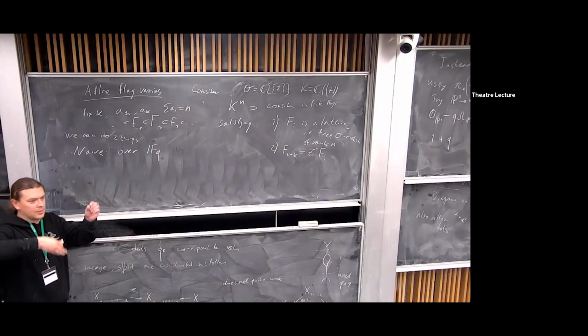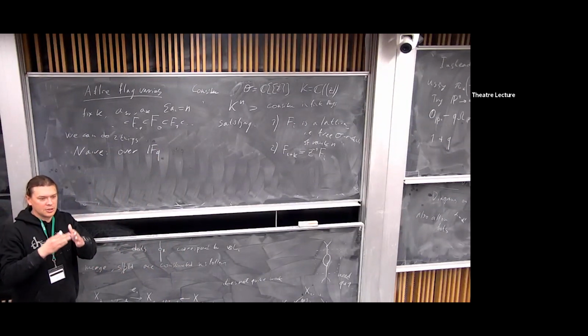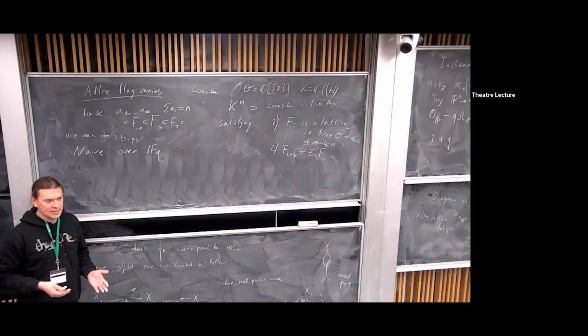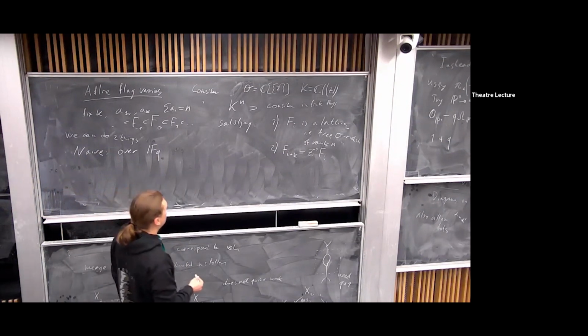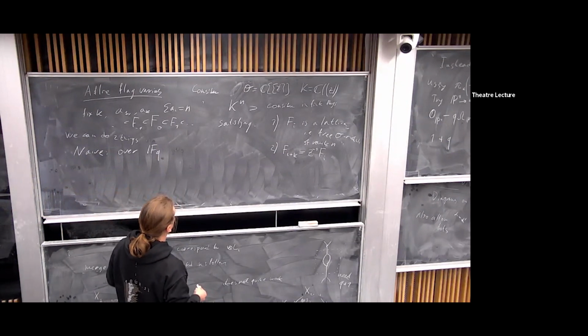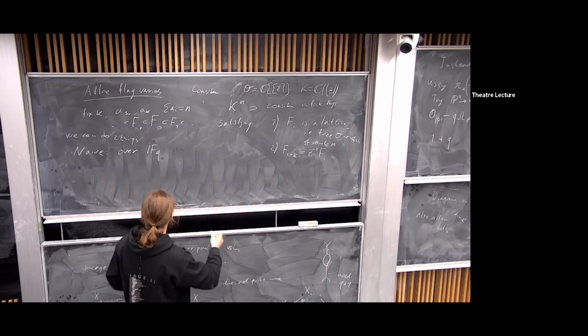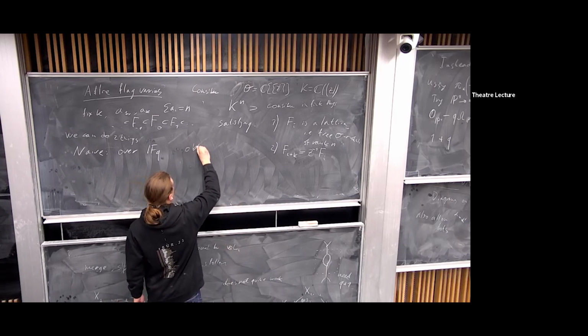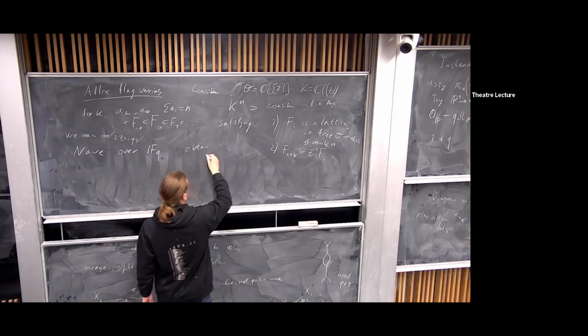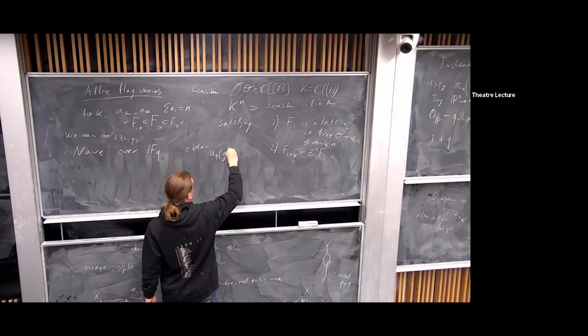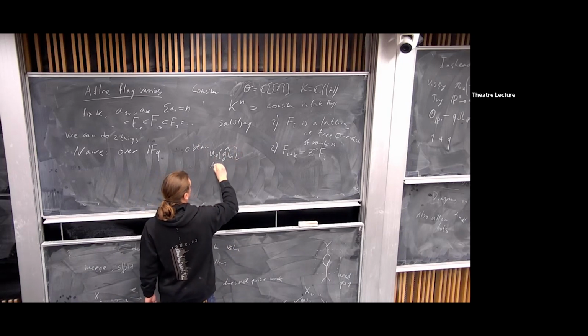We have some pictures, and merge and split make sense. And so we can obtain an action of whatever algebra we want, an affine algebra.